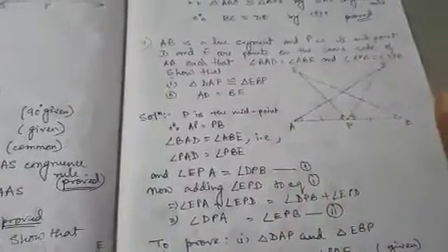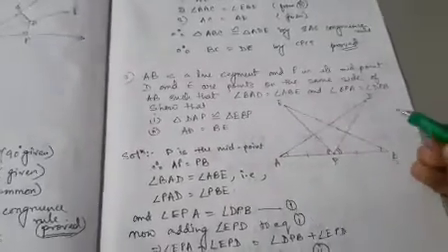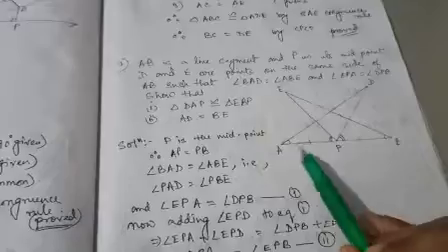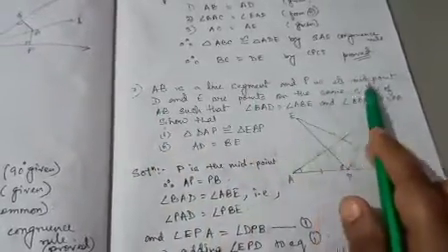The diagram is different, but the sum is similar to question number 6. Here also, if I explain from the diagram, it is said that AB is a line segment and P is the midpoint.